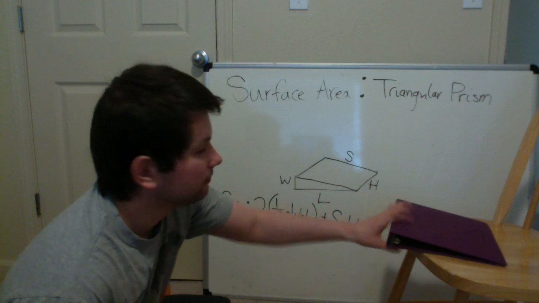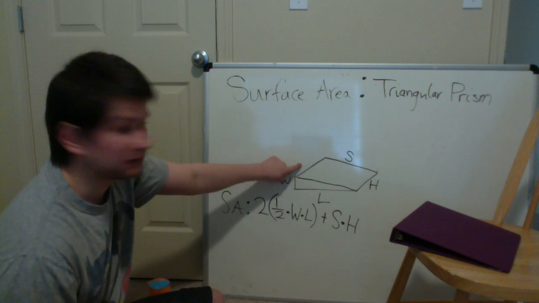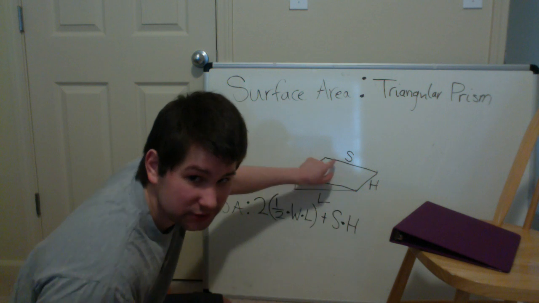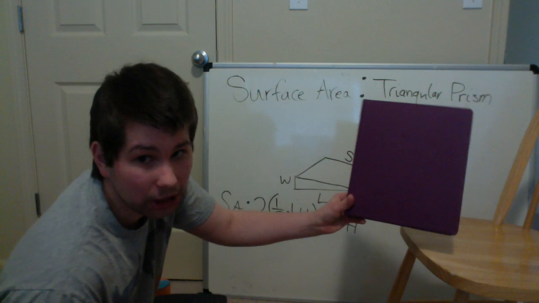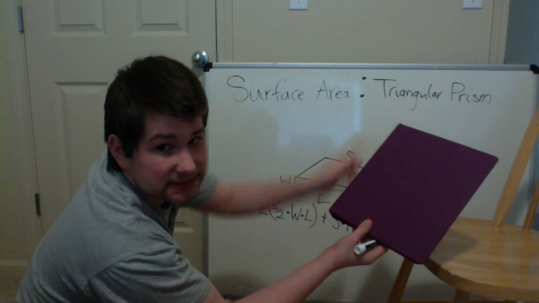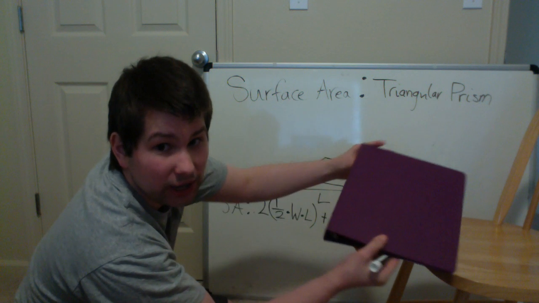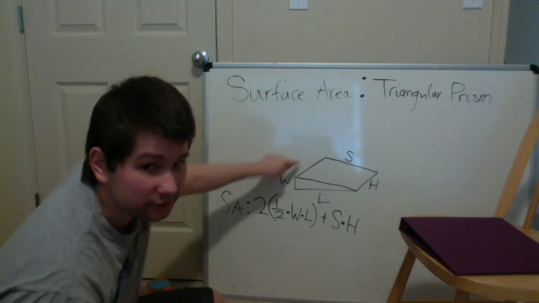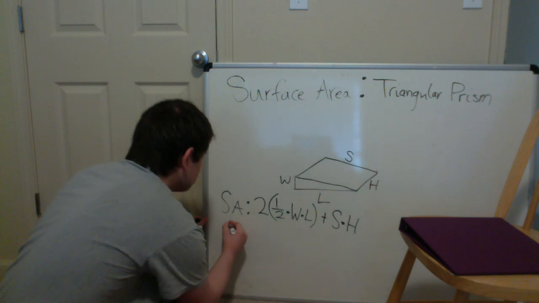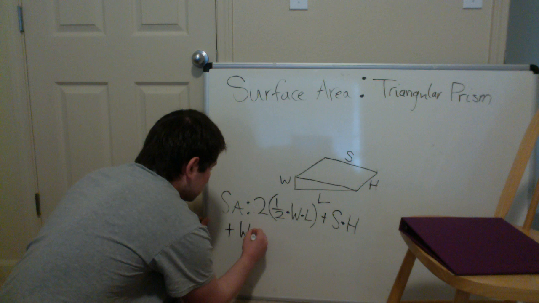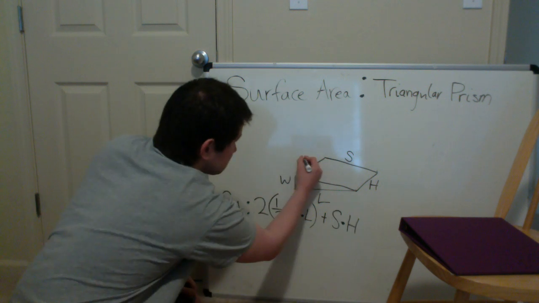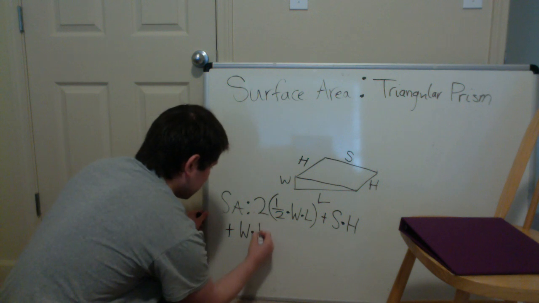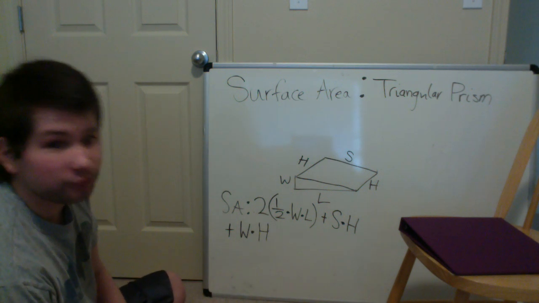Well, if you take a look at my drawing, you'll notice this side has to be the same as this side, right? Because this was a rectangle on the top, remember? So this side has to be the same as this side, which is the top of the spine. So to find the area of this rectangle, we are going to do the width times, in this case, the height. That side right there, width times height. So now we have 4 of the sides done.